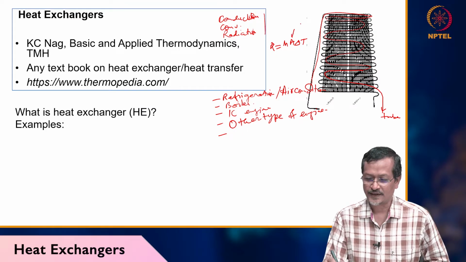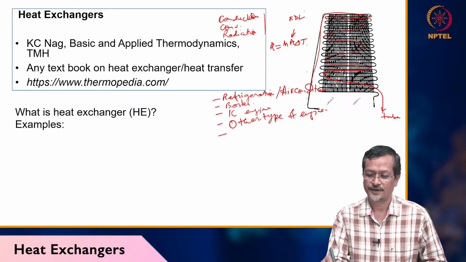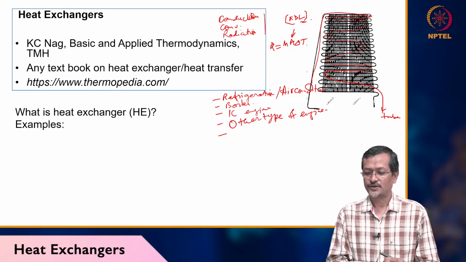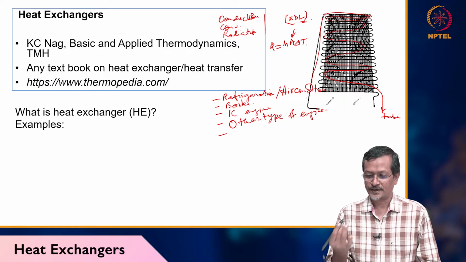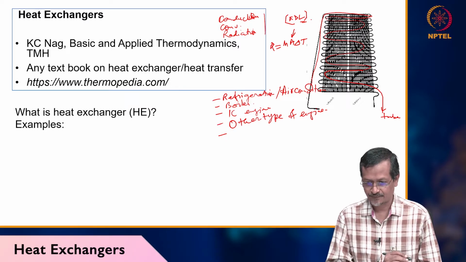So your total area increases because area is pi d into L. When you increase the length, your area increases, which means your heat transfer rate also increases.